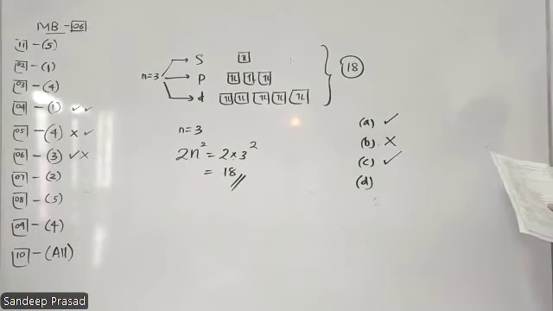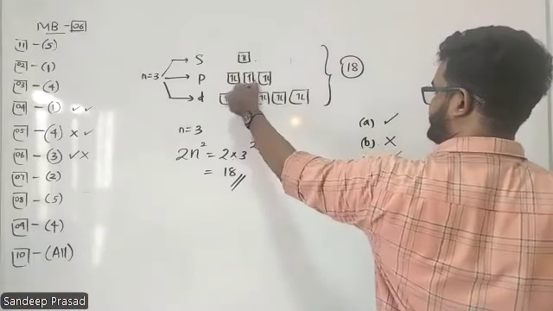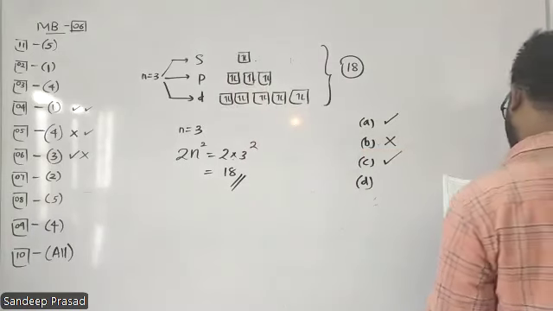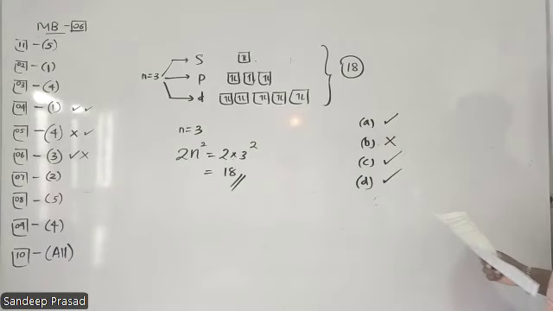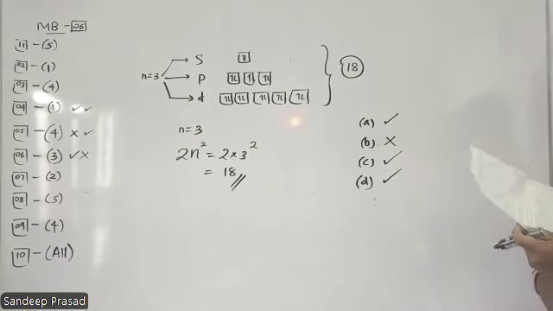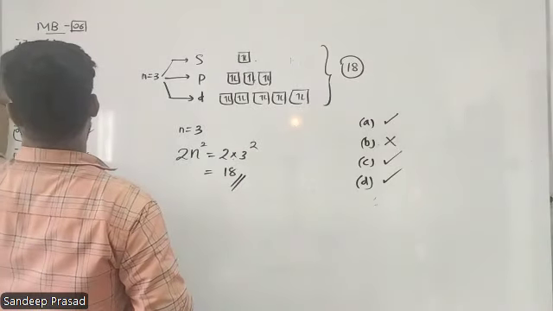Okay. So therefore, how many orbitals are there? 1, 2, 3, 4, 5, 6, 7, 8, 9. 9 orbitals and 18 electrons. Correct. ACD statements are correct. If ACD statements are correct, what is the answer? Option number 5. Question number 12. Answer is number 5.